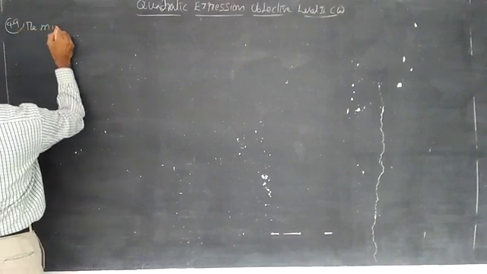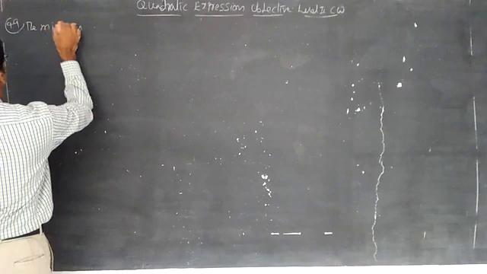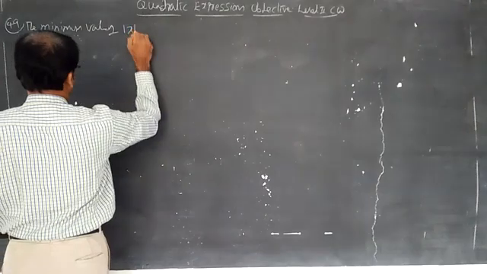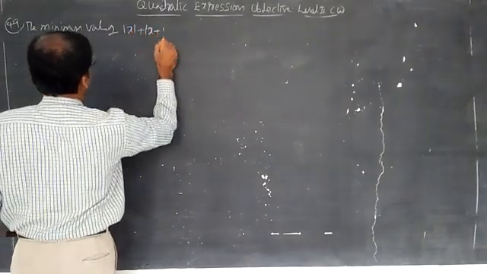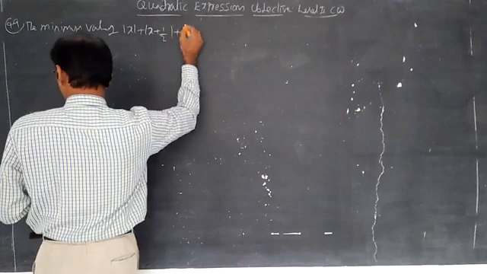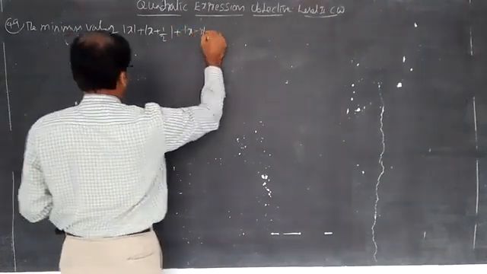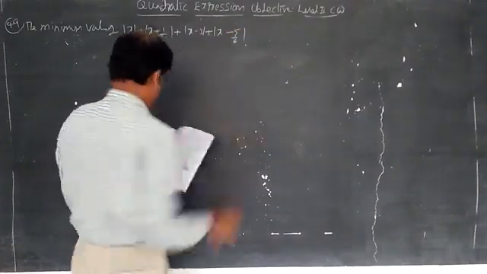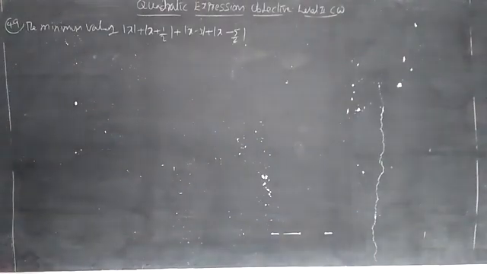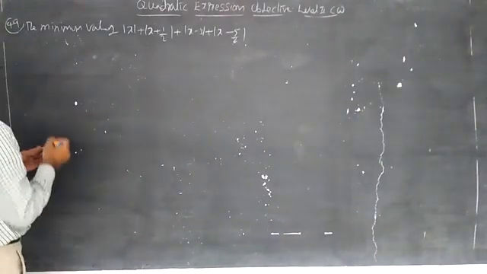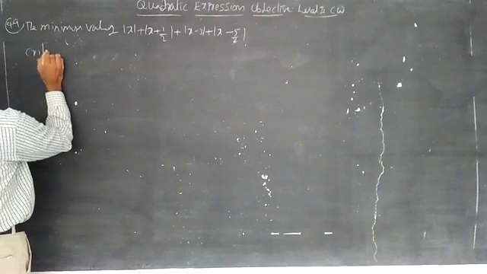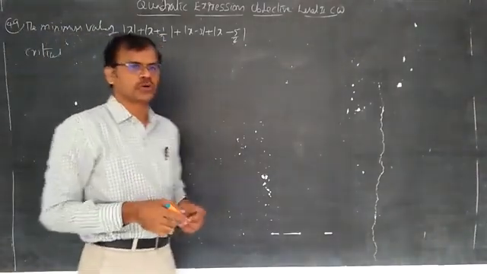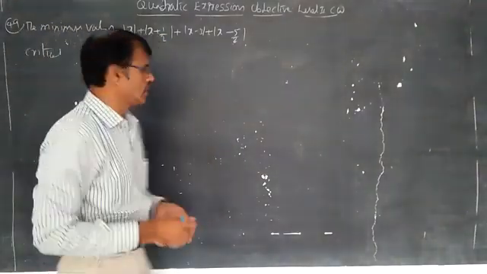The minimum value of modulus of x plus modulus of x plus 1 by 2 plus modulus of x minus 3 plus modulus of x minus 5 by 2. For this type of function, we should calculate critical points. Critical points means we should equate the variable values to 0.